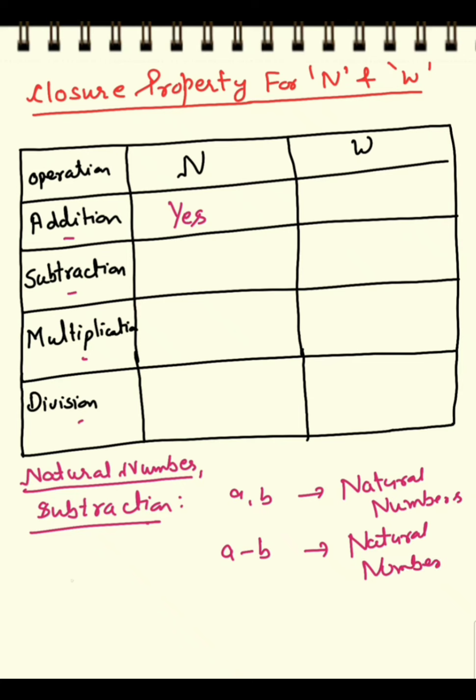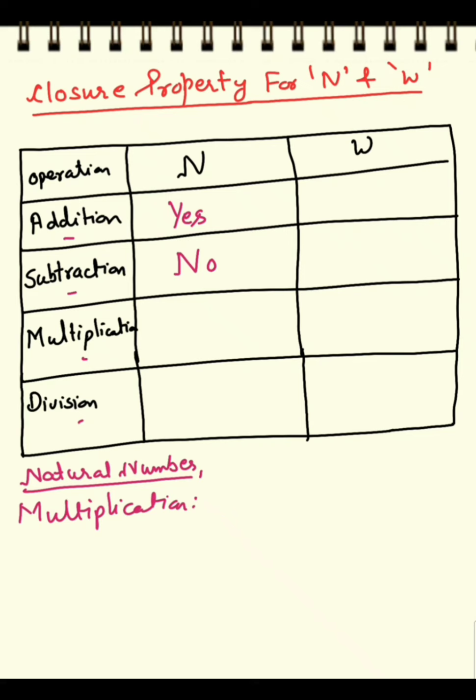Suppose A is equal to 7 and B is equal to 3. So 7 minus 3 is equal to 4. This is a natural number. But if I take A as 11 and B as 13, then it will become minus 2. And minus 2 is not a natural number. So we can say that natural numbers are not closed for subtraction. So we'll write here no.